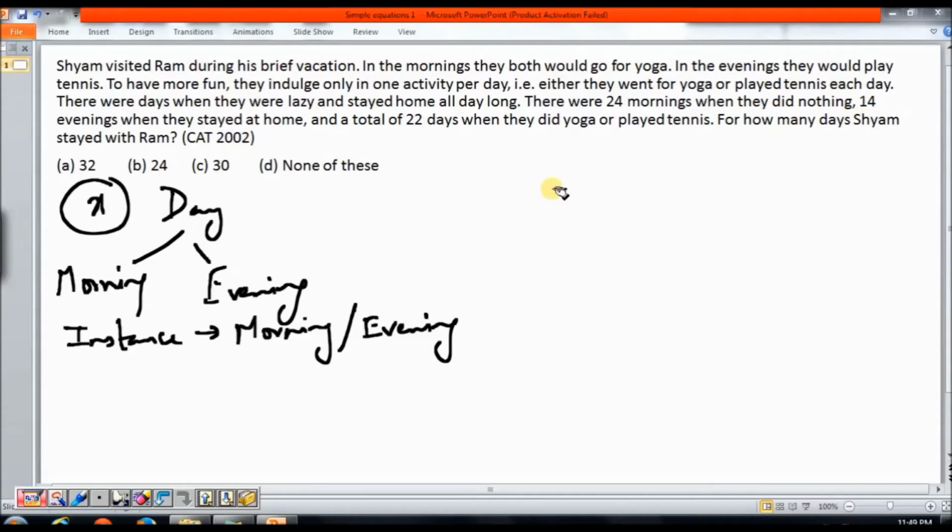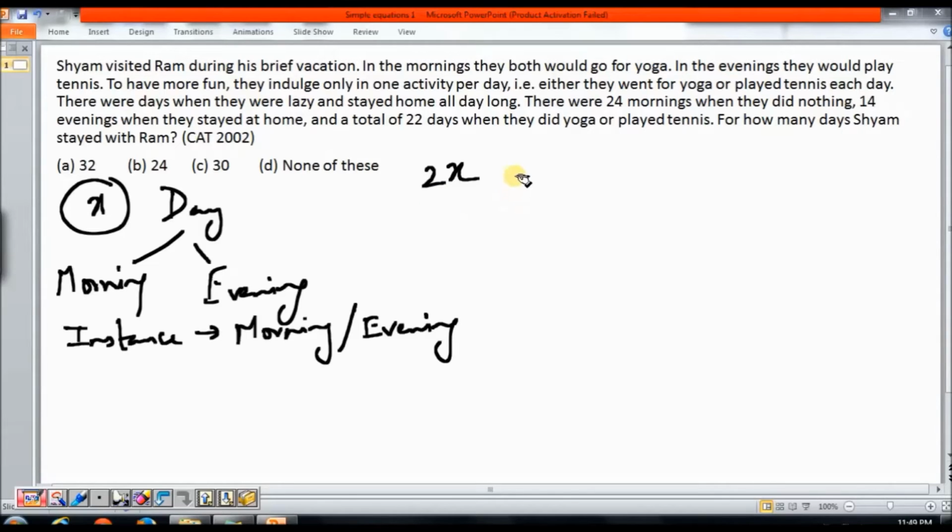If they stayed together for X days, each day will have a morning and an evening, so the number of instances in X days would be 2x: one for morning, one for evening. X days will have a total of 2x mornings and evenings together.